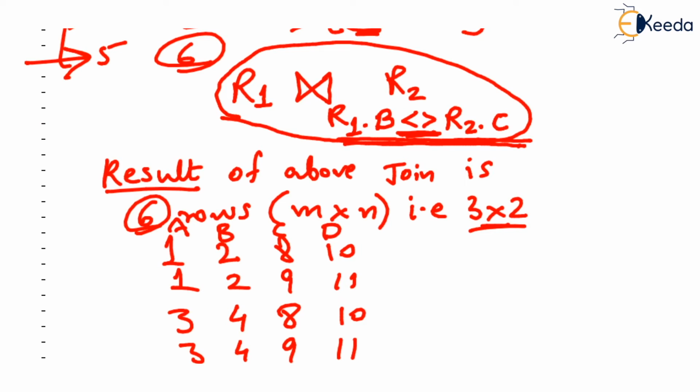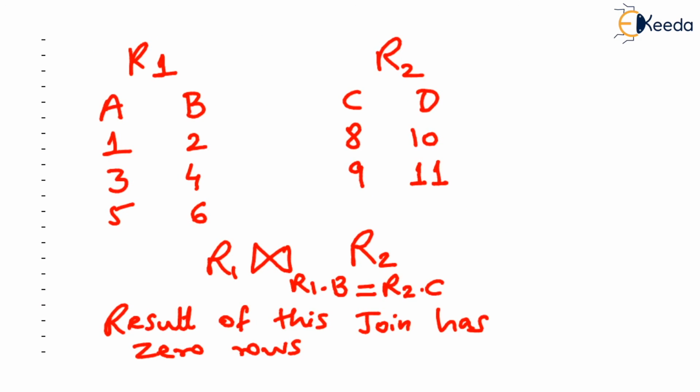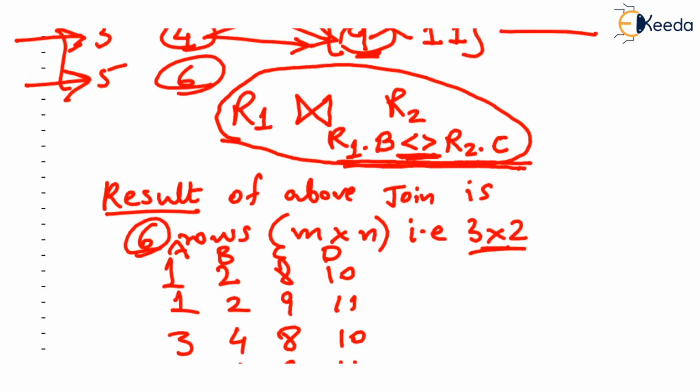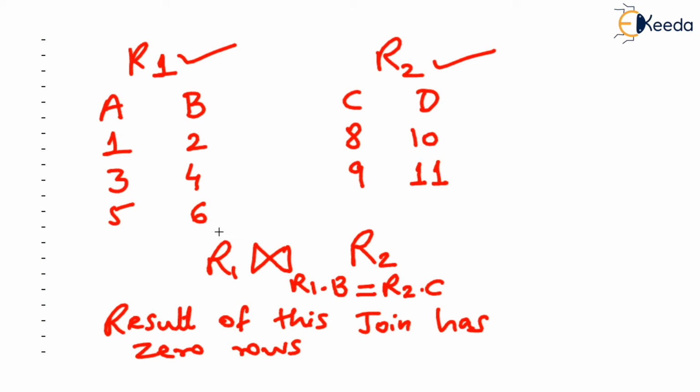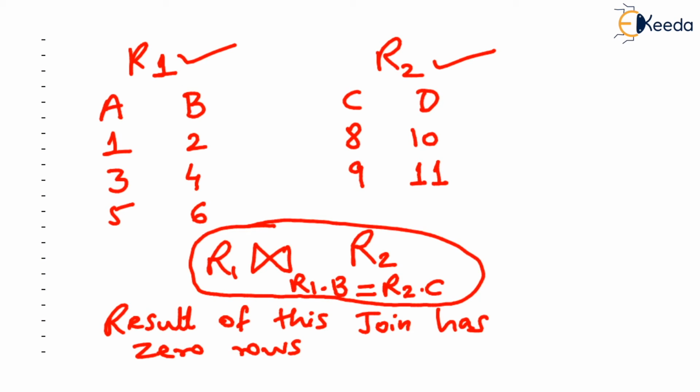What about minimum rows? Talk about the same table R1 and R2. Trust me, I have taken absolutely the same values under R1 and R2 that we were looking at in the previous slide. Now the join over here is, what if we join R1 with R2 and we say that we want only those rows where B is equal to C?